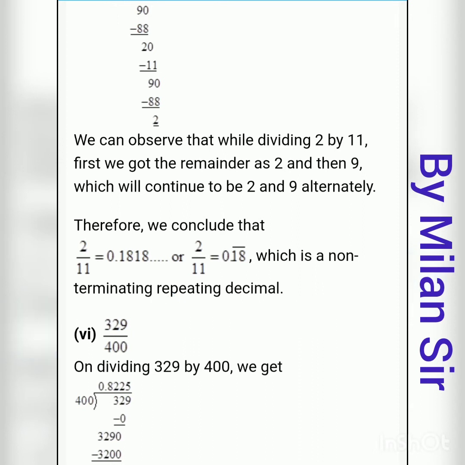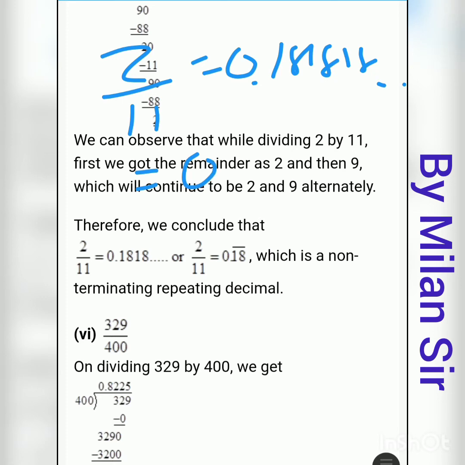And we can also write this 2 by 11 as 0.18181818 continue, so we can write like this 0.18 bar. That means 18 are the repeating digits. It means 181818 continuous.